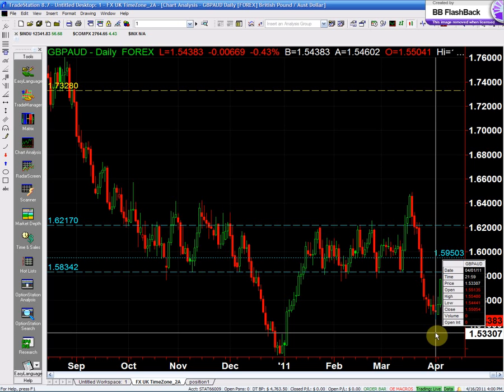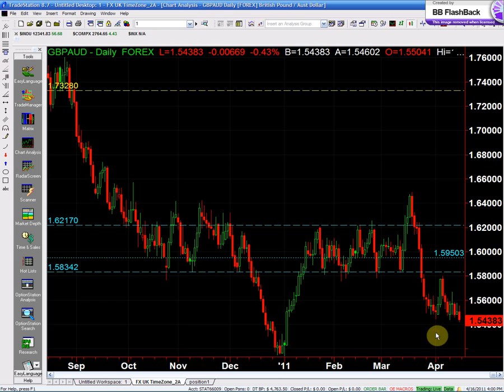This is 44. It should have broken down. Shorting it looks to be too easy. Alright, so anyway, we trade what we see, so we have to take it to the short side.